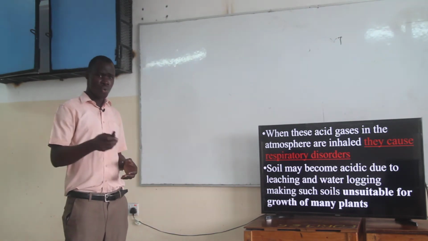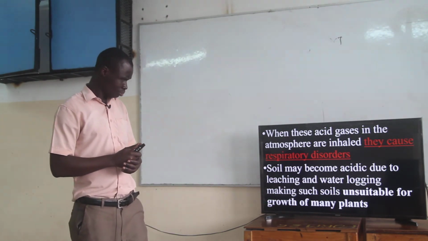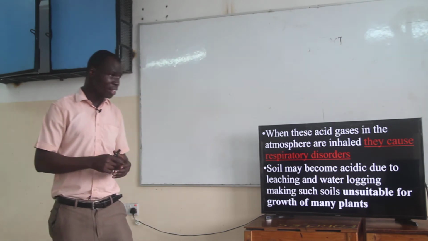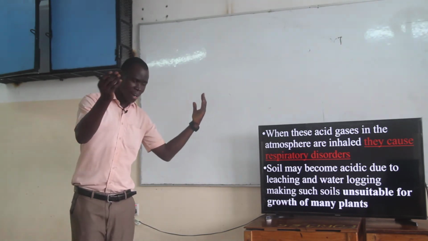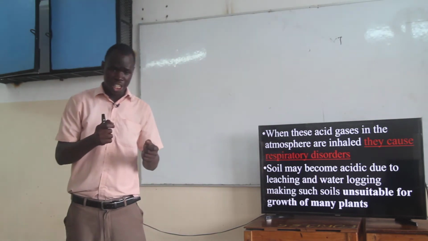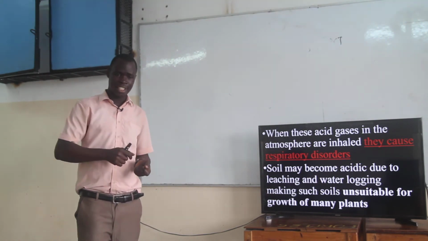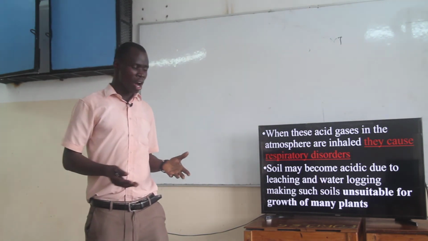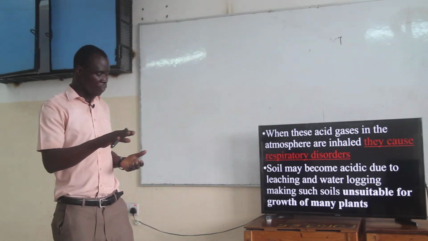Another thing we can talk about is leaching. When this acid rain falls on the surface of the earth, it starts reacting with the minerals on the surface of the earth.